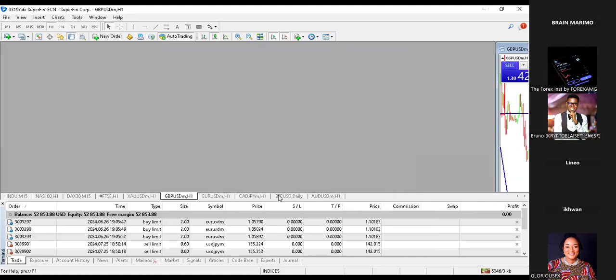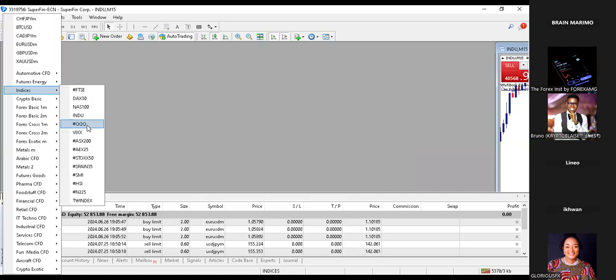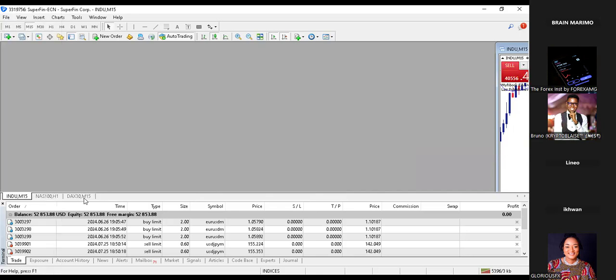Okay, let's do it this way. Dax. Okay, I'll leave Dax there. Nasdaq, indices, Dow Jones, Nasdaq, Dow. What am I missing here? What would I trade as well under indices? Yeah, I think this is okay. I'll keep these three here.